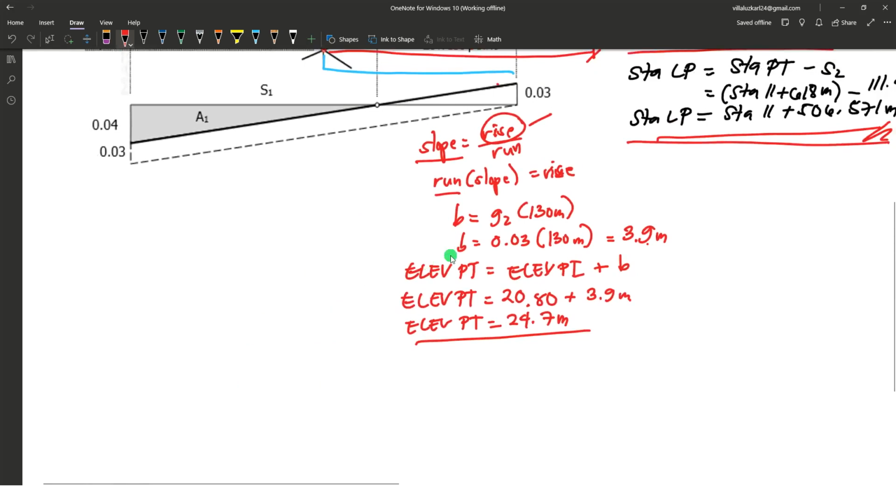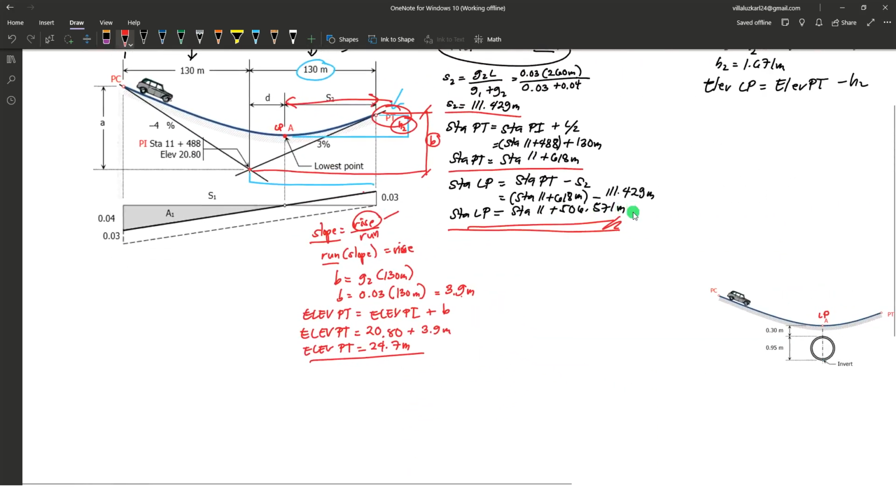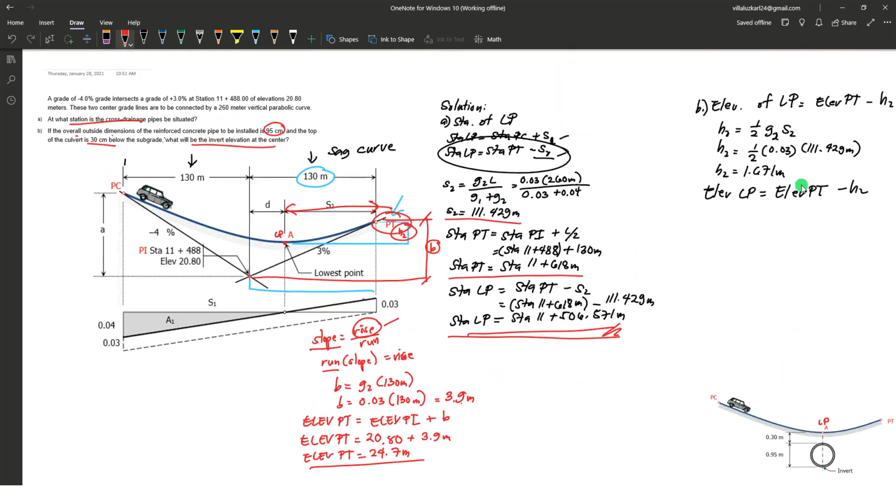Substitute that elevation at PT right here.